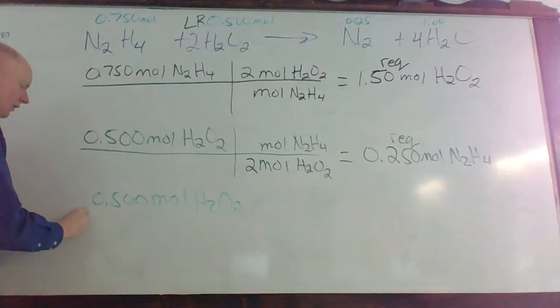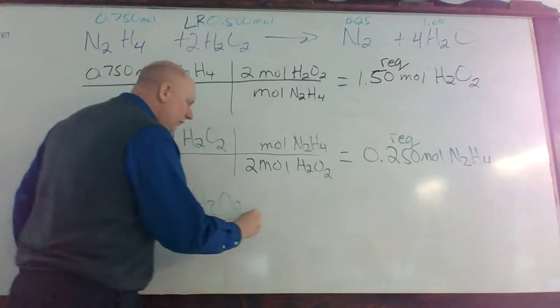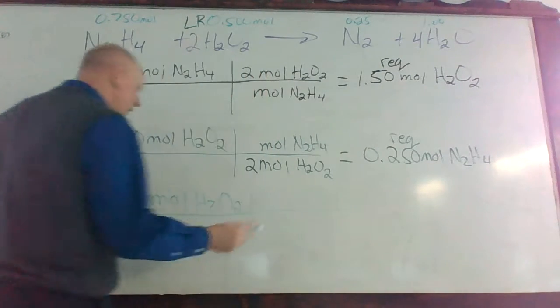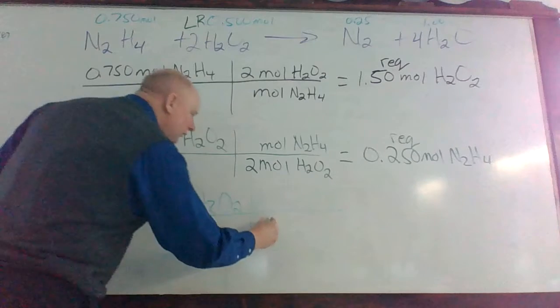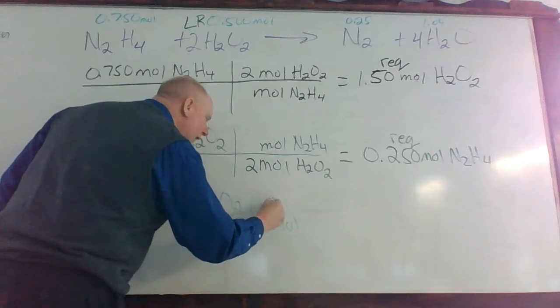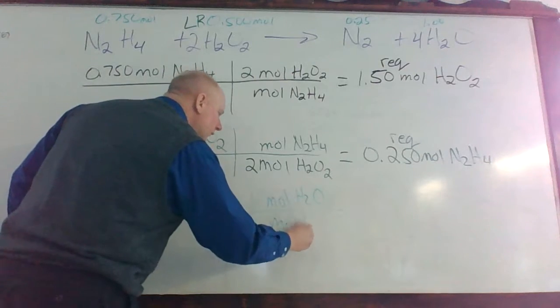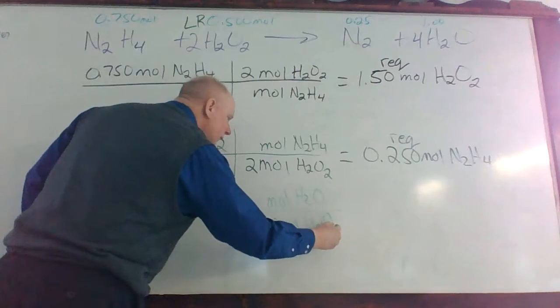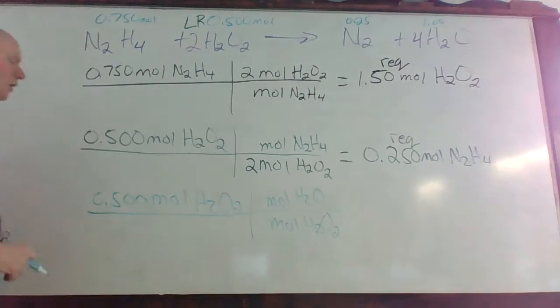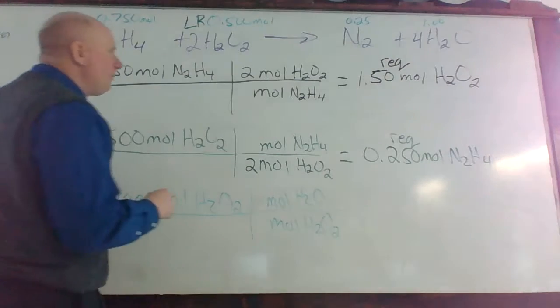Okay, so what we see happening, how do we get rid of this mole? Well, a mole ratio then. So where do our numbers go? 4 on top?